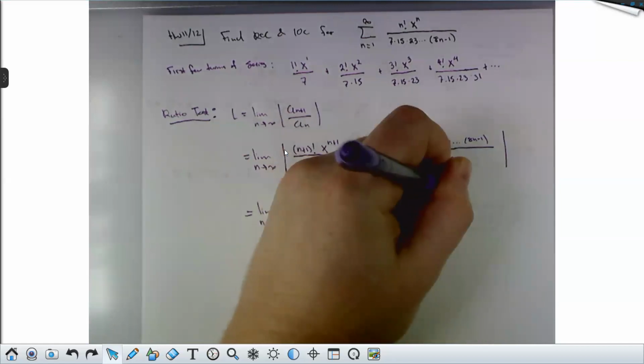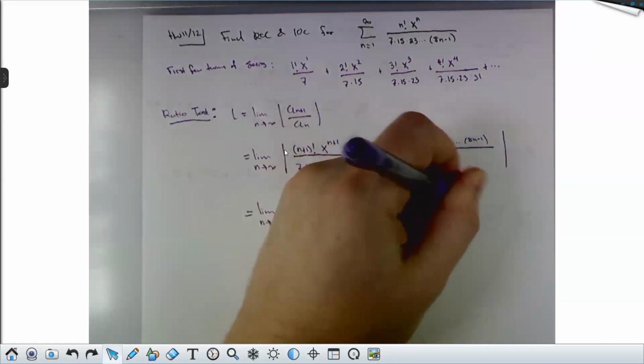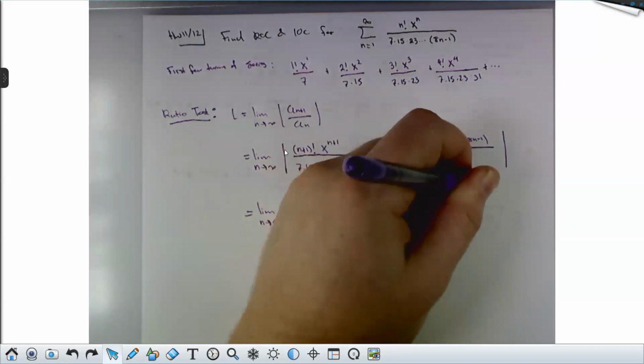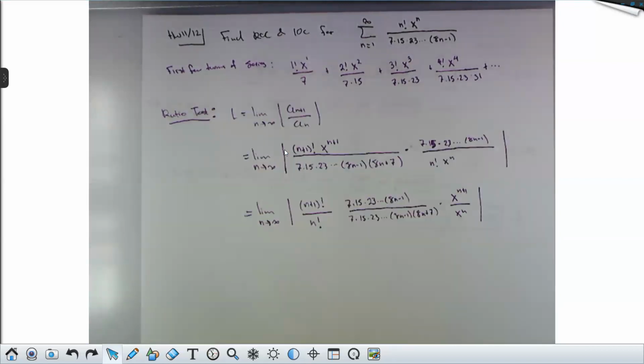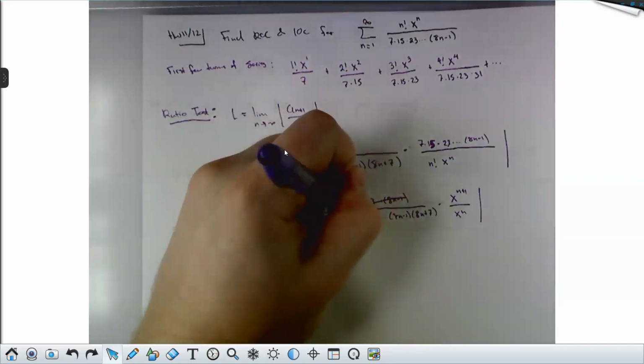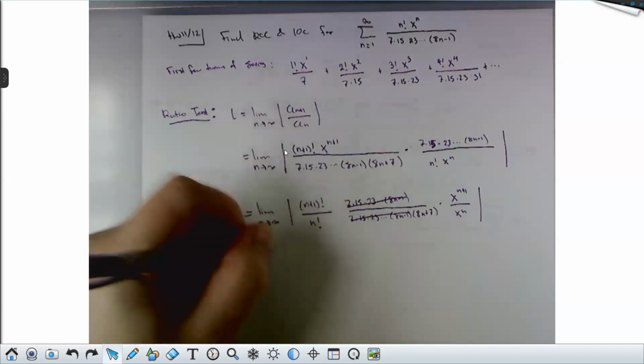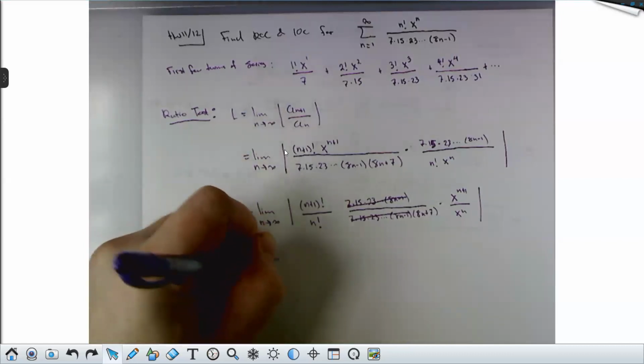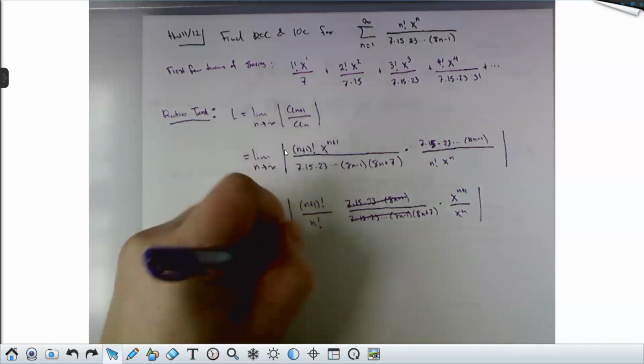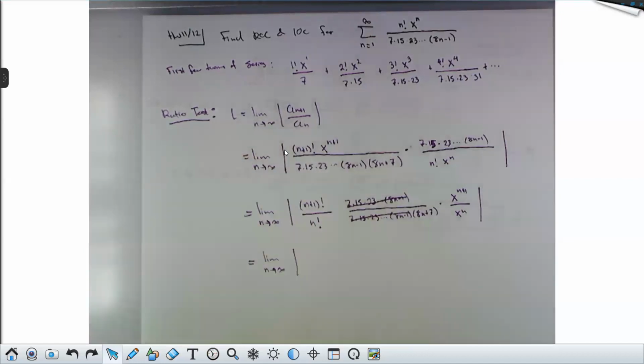And then x to the n plus 1 over x to the n. And there's lots of cancellation in these factorials and factorial-like products. N plus 1 factorial over n factorial. At this time, we should be pretty comfy saying that is just n plus 1.